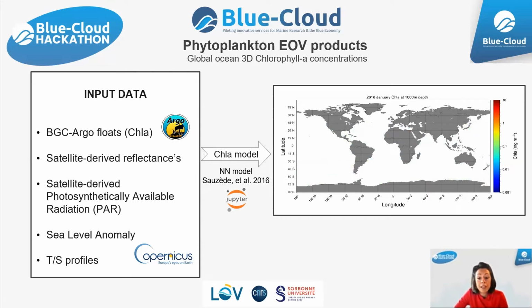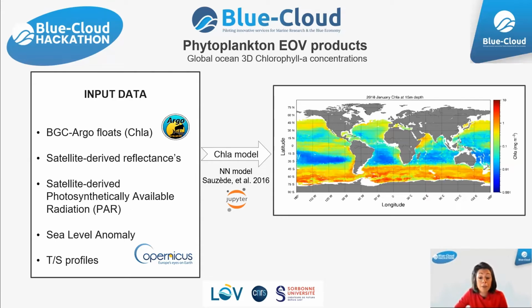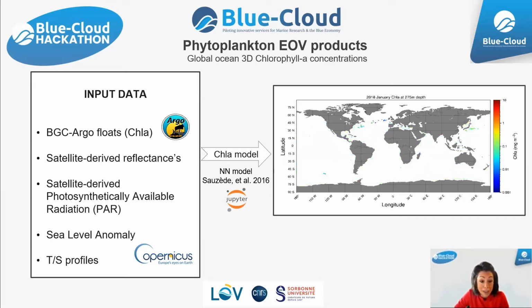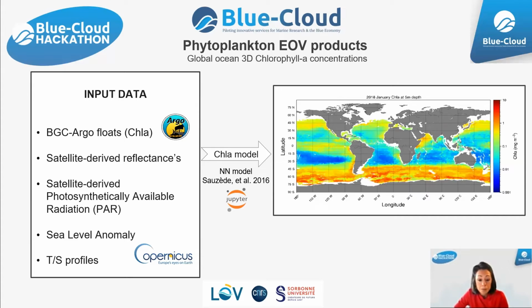All these datasets have been applied to a neural network model, what we are calling here the chlorophyll A model, that has been developed based on the methods of Sauzade et al. 2016. And this is presented in a Jupyter notebook. Now here on the graph on the right, we can observe the main output of the model.